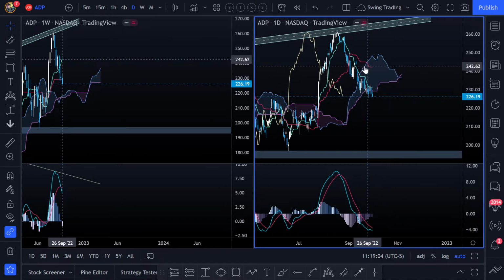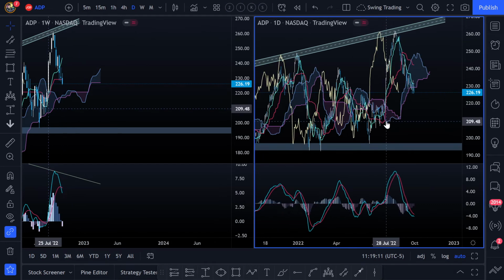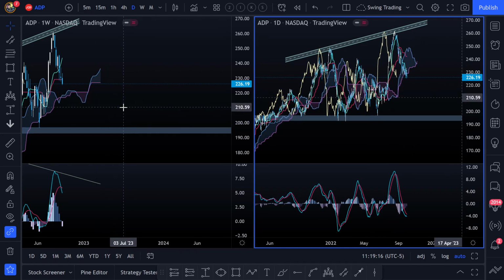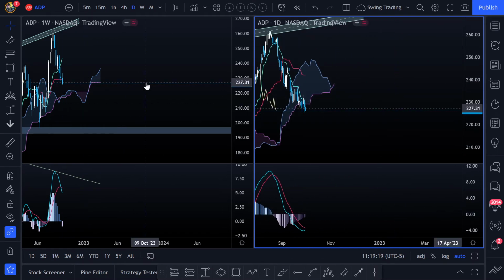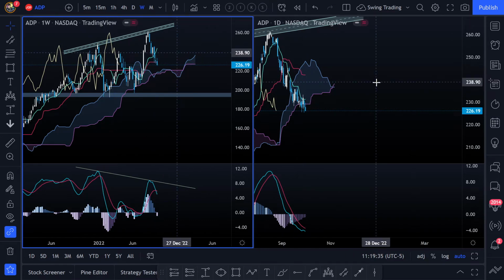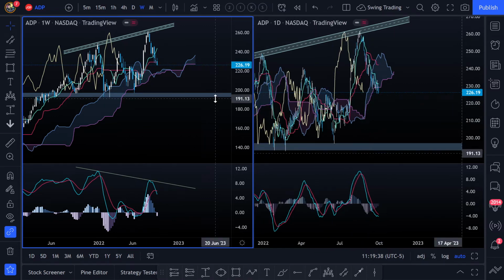Bearish cloud twist, and we have Kijun-sen and Tenkan-sen going lower. Chikou span is following. So I think the price of this stock could also go lower because there is a bearish MACD divergence, and the price is already bearish according to the daily time frame.